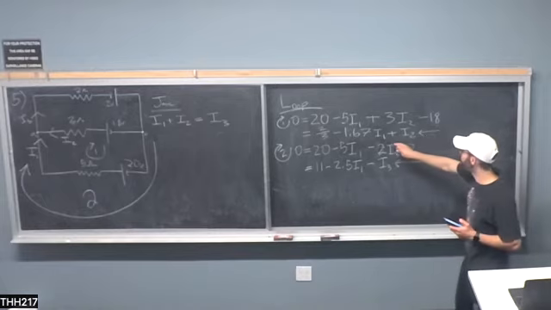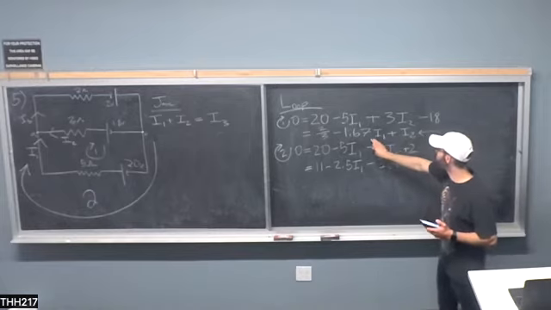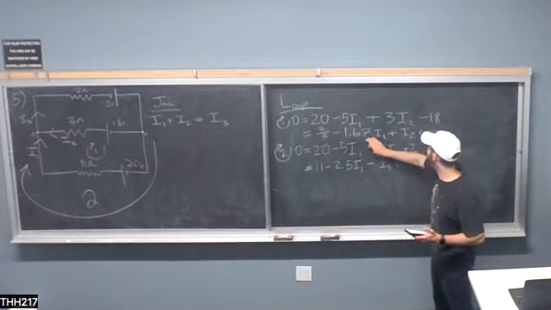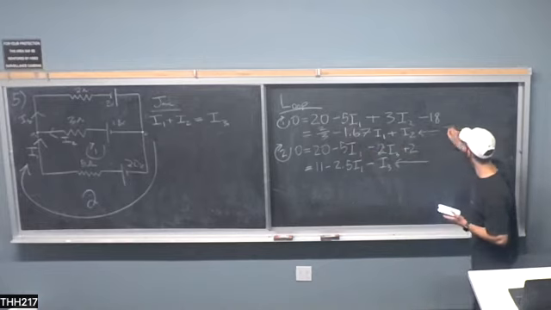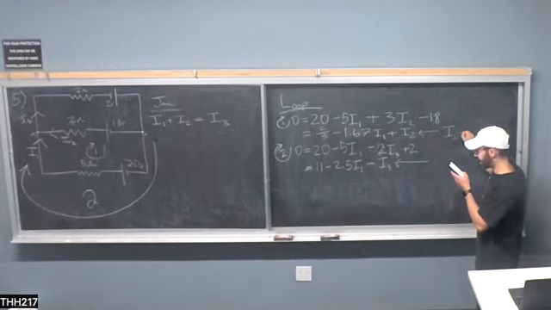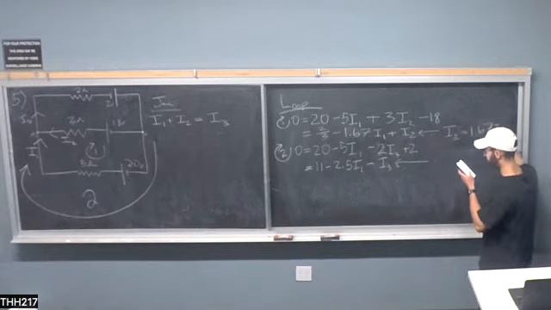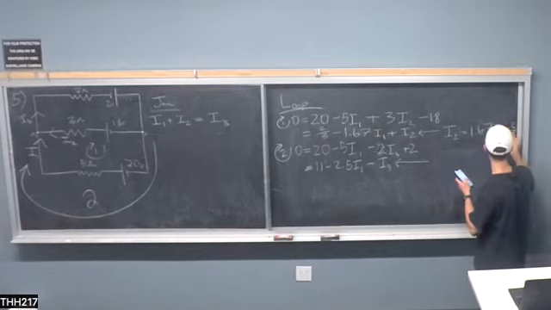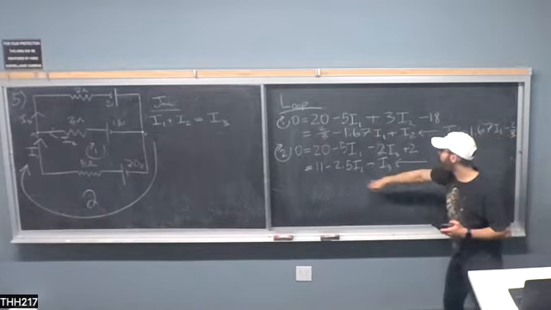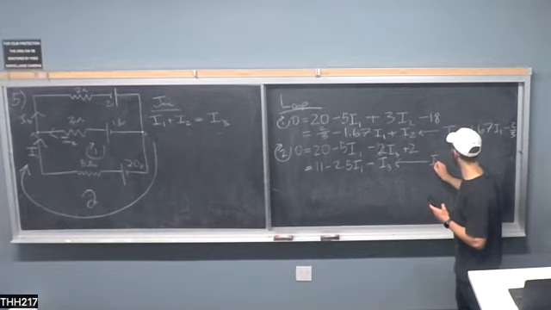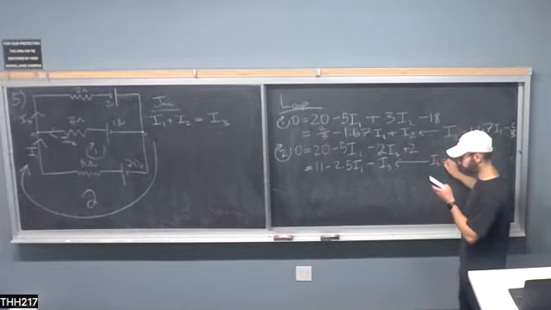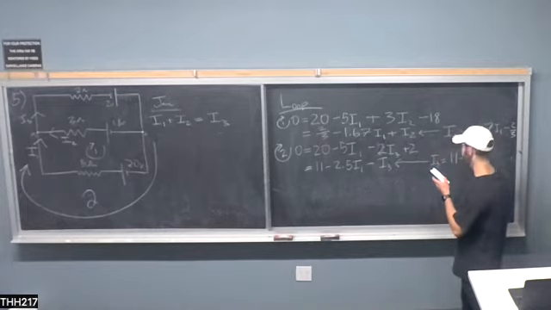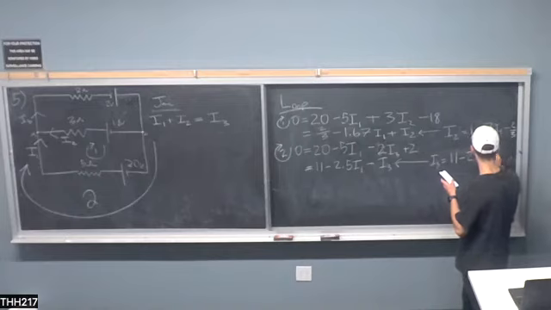What I'm going to do is subtract everything except for the I2 onto the other side. So I get I2 is equal to 1.67 I1 minus 2 over 3. And then here I'm just going to add I3 to the other side. So I get I3 is equal to 11 minus 2.5 I1.